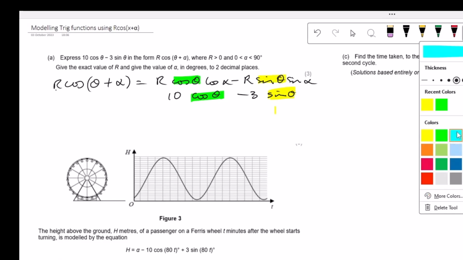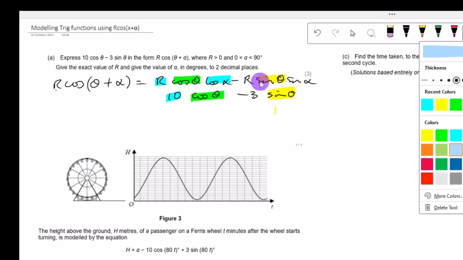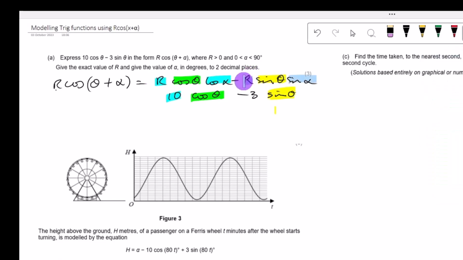So therefore what we're going to equate is R cos alpha with 10 and R sin alpha with 3. Okay, 10 will equal R cos alpha, doing the turquoise bits, and then doing the light blue bits we get 3 equals R sin alpha.